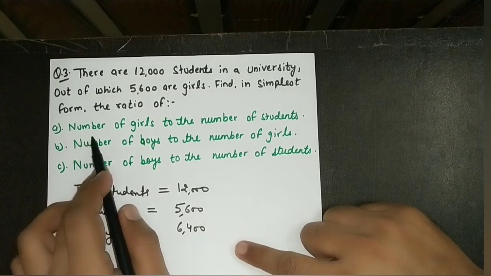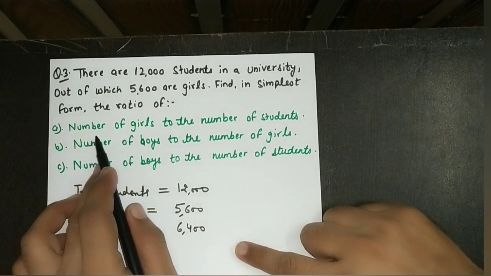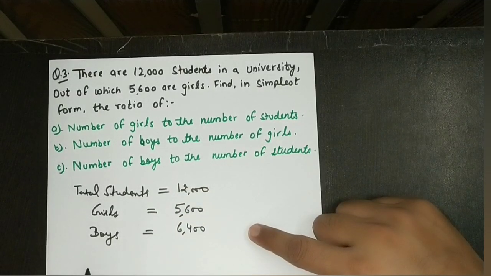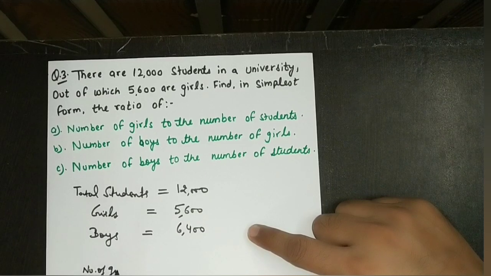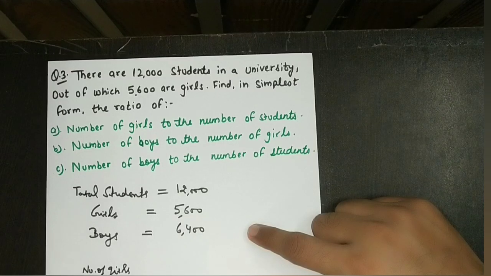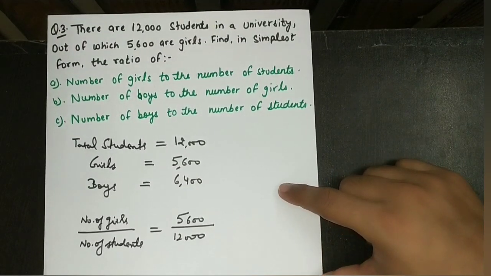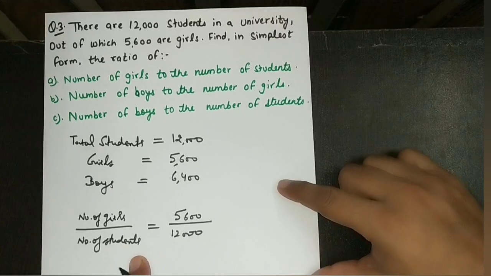Now we have to find the ratio of the number of girls to the number of students. The number of girls is 5,600, the number of students is 12,000. Number of girls to number of students.